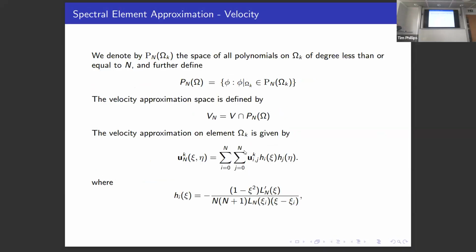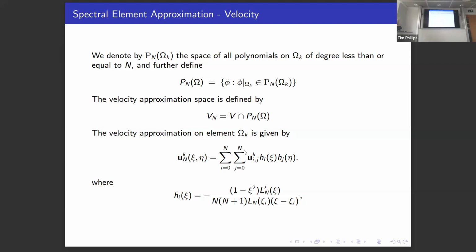Okay, so for a number of years, I've been interested in spectral methods, and you can view these as being high-order finite element methods. So let's look at how one constructs the velocity and pressure approximations. P_n of omega k here will be the space of polynomials on omega k. Omega k is like an element or a subdomain, if you like, of some larger domain omega.